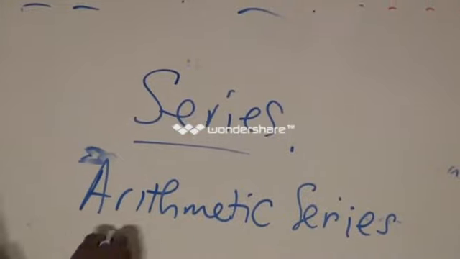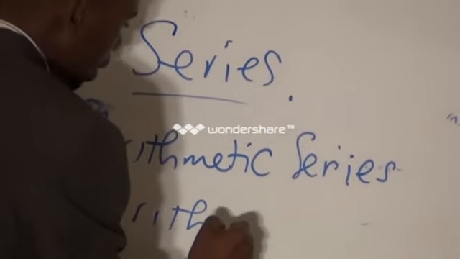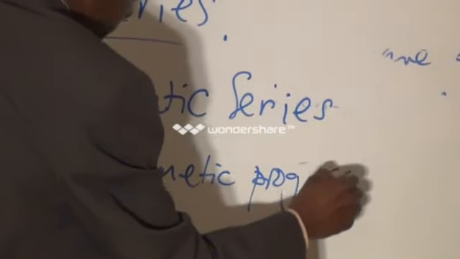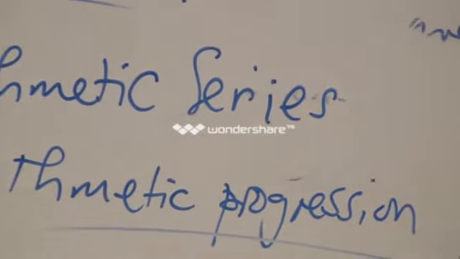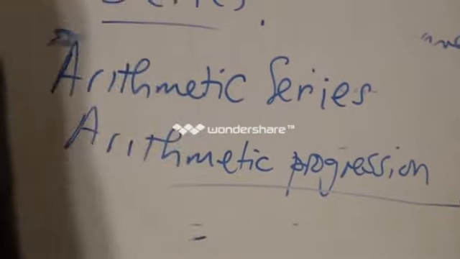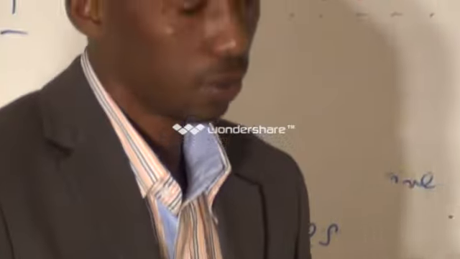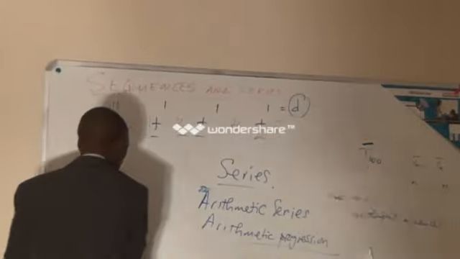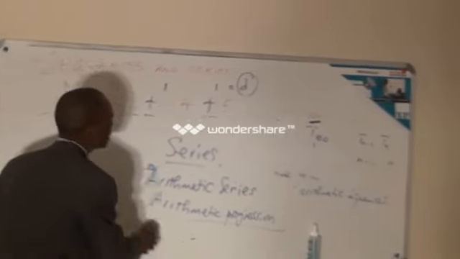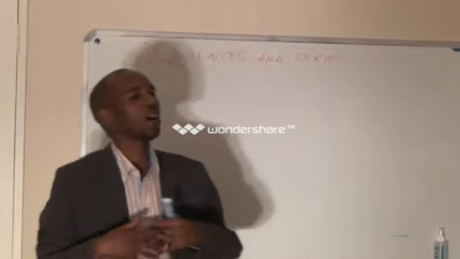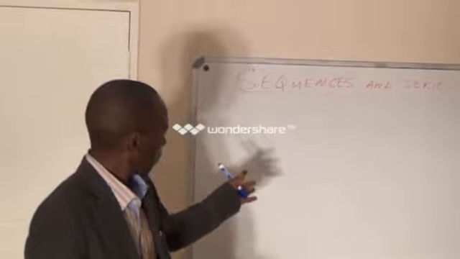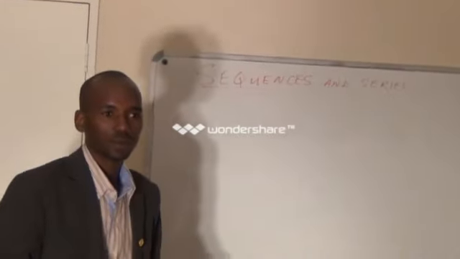We can also call it an arithmetic progression. We progress arithmetically. Okay? Enough of talking about series for now. We just wanted to mention that it's another sequence, very similar, but slightly different.